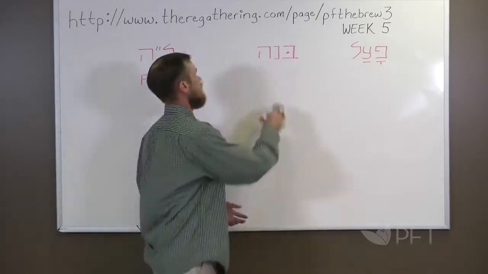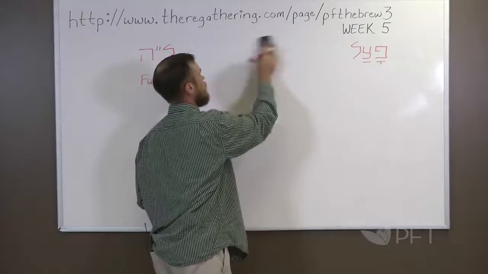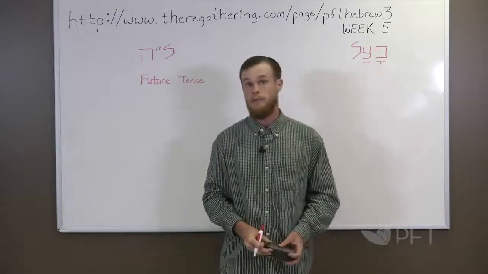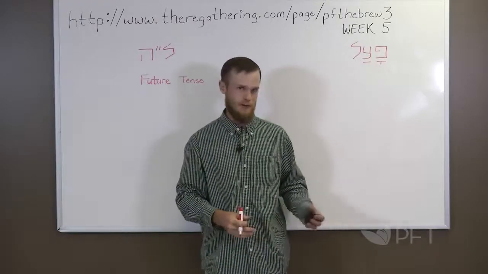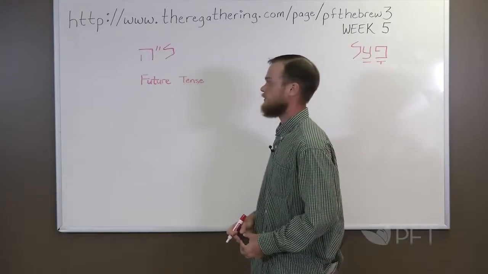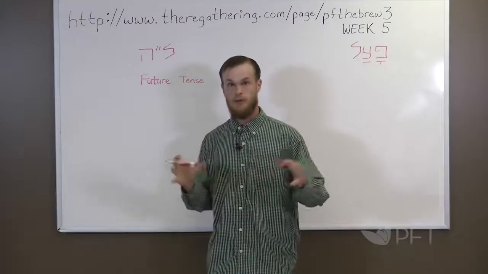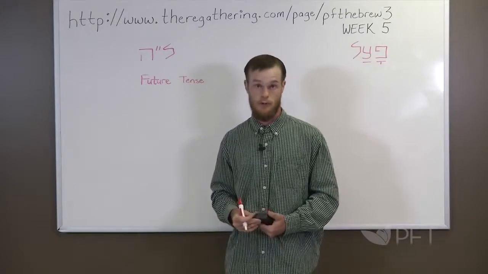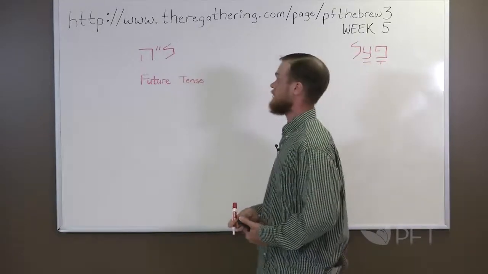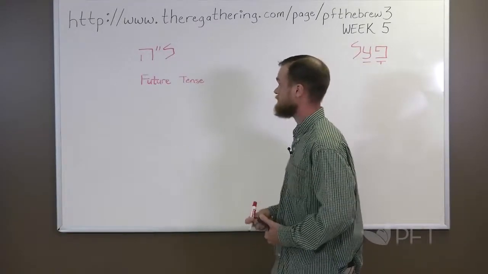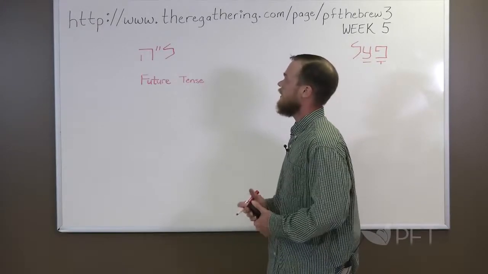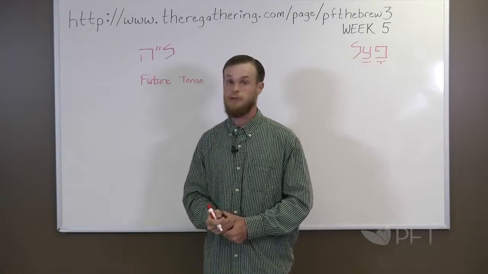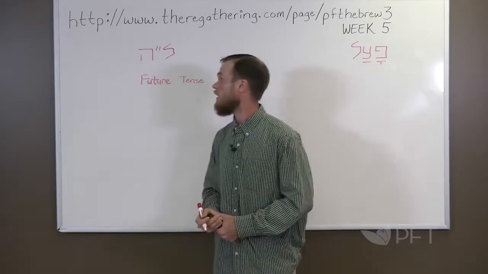So as we learn more tenses, because now we've covered the present, the past, and the future, there are in fact more tenses. Those will be covered at a later date. But as we learn those, you'll find those charts all kind of going together, listing different tenses, so it will make an easy reference source for various binyanim and gizrot. So that is the lamed aleph and lamed hey, and also the shlamim, future tense.